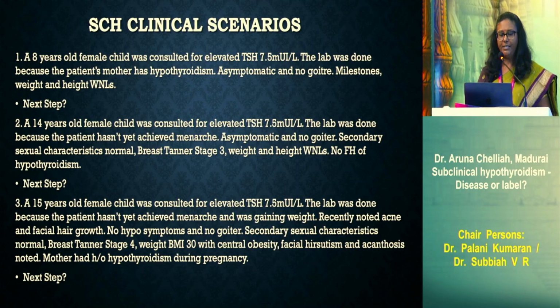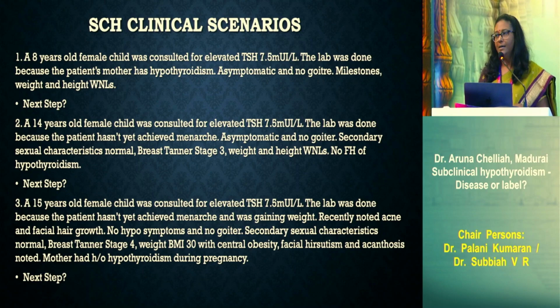A 15-year-old female child consulted for elevated TSH, again 7.5. It's the round-off number. The patient hadn't achieved menarche, but she was rapidly gaining weight. The mother was very upset about it, almost 5 kgs in 3 months, and noted acne. She started growing facial hair. A 15-year-old 10th grader, for the past 1 year sitting and reading and studying, nothing else, eating and studying for exams, stressing out.